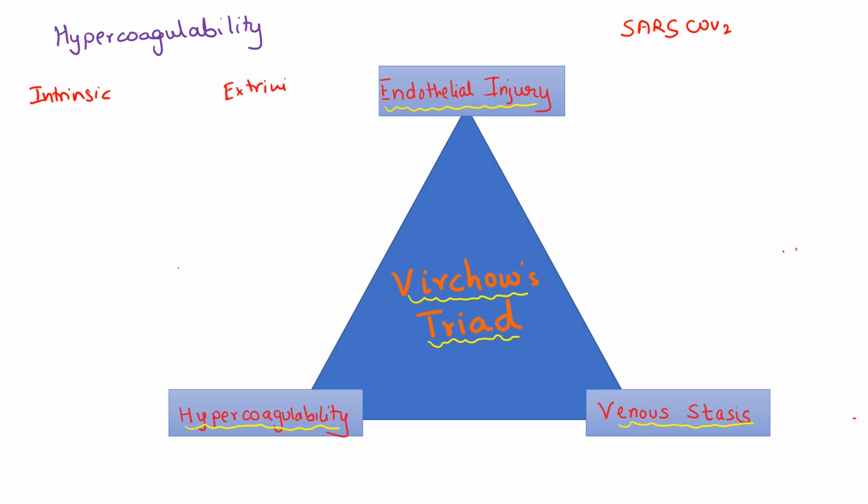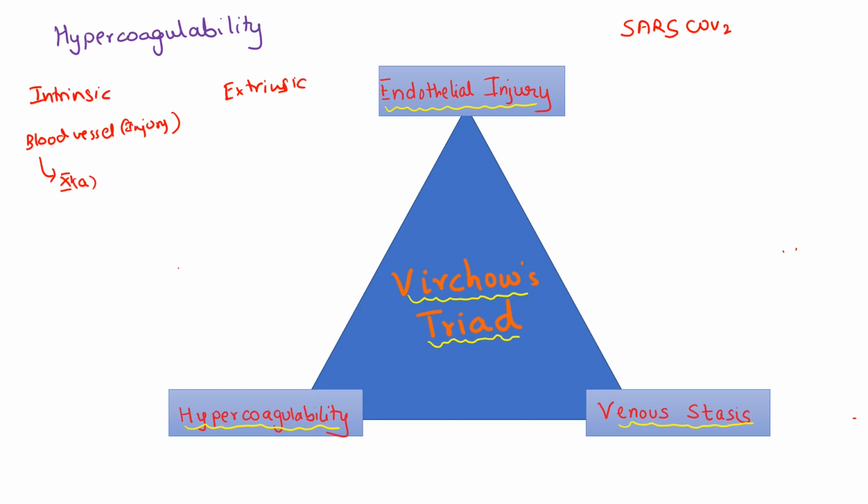In the intrinsic pathway, whenever there is injury to any of the blood vessels, it leads to activation of certain factors, the coagulation factors. The first coagulation factor that is activated in this is factor 12.